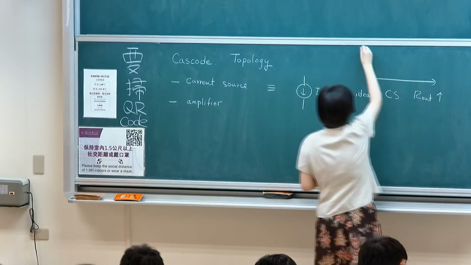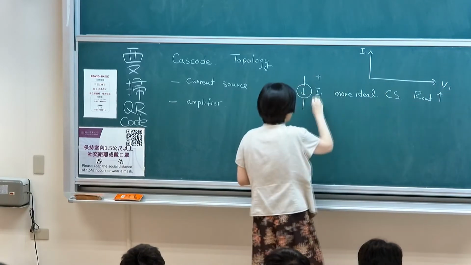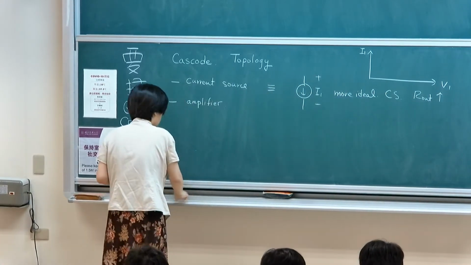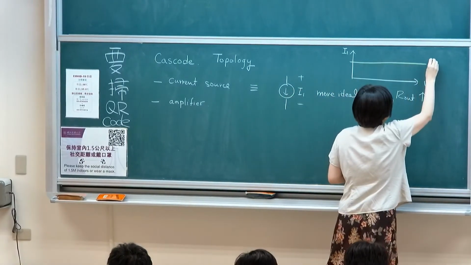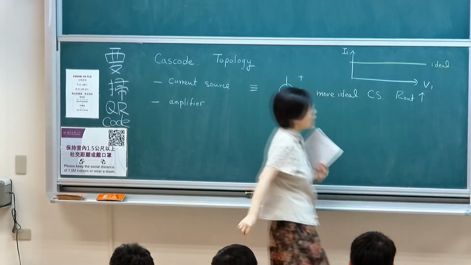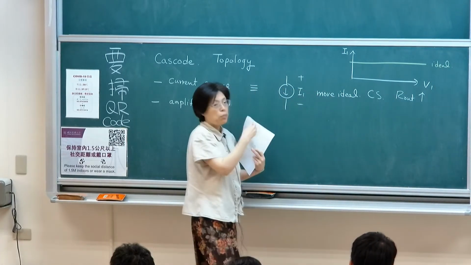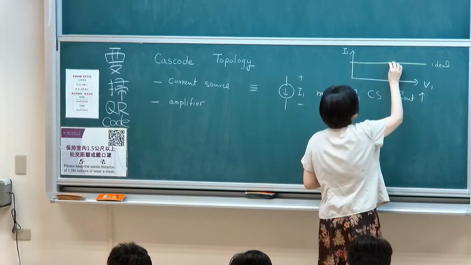What is an ideal current source? If you look at its current and voltage relationship, ideally, you want it to be flat. So this is an ideal current source characteristic. If you use an ideal current source, it should be flat, meaning that the output resistance should be infinite.